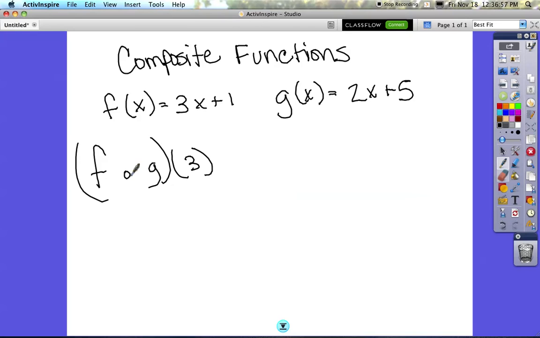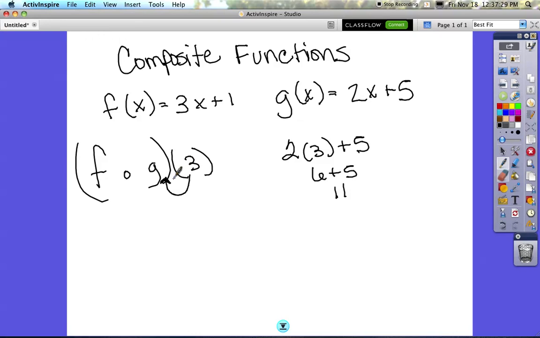So what do you think 3 is now? X. So we're going to put 3 into the g, in place of x. So that's why I'm looking at the g now. So I'm going to say 2 times 3 plus 5. What's 2 times 3? 6 plus 5. So that's 11. And so g of 3 is 11.